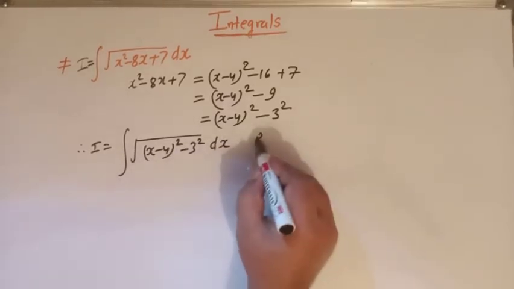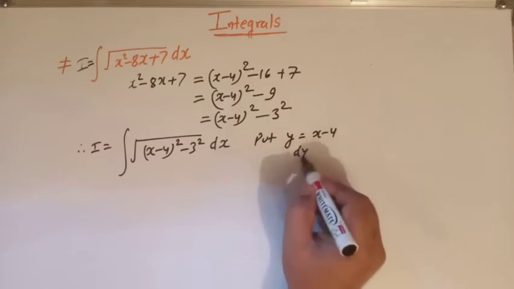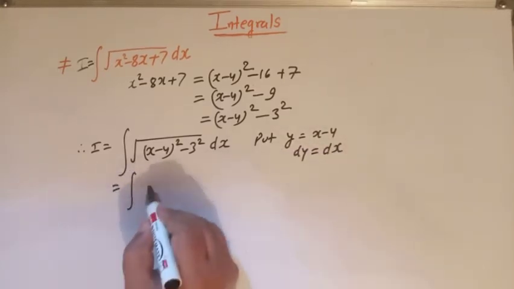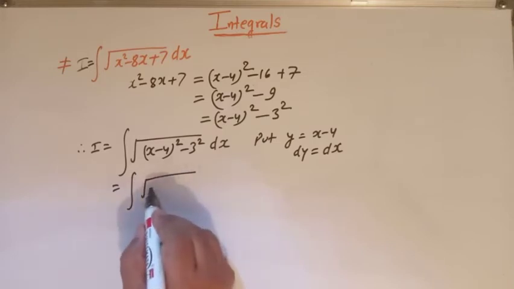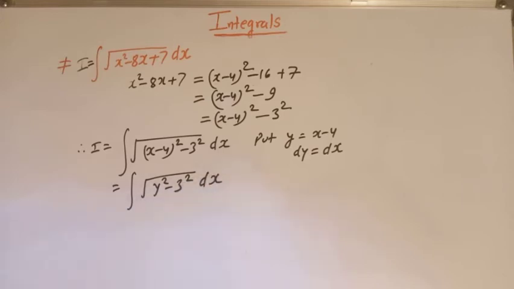Now let us put y is equal to x minus 4, so we have dy is equal to dx. Therefore this integral becomes the integral of the square root of y square minus 3 square dy. Clear?